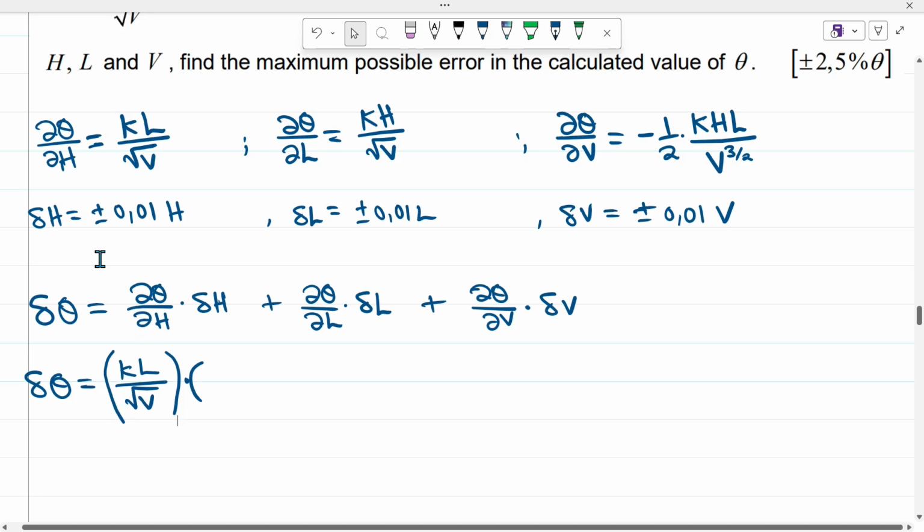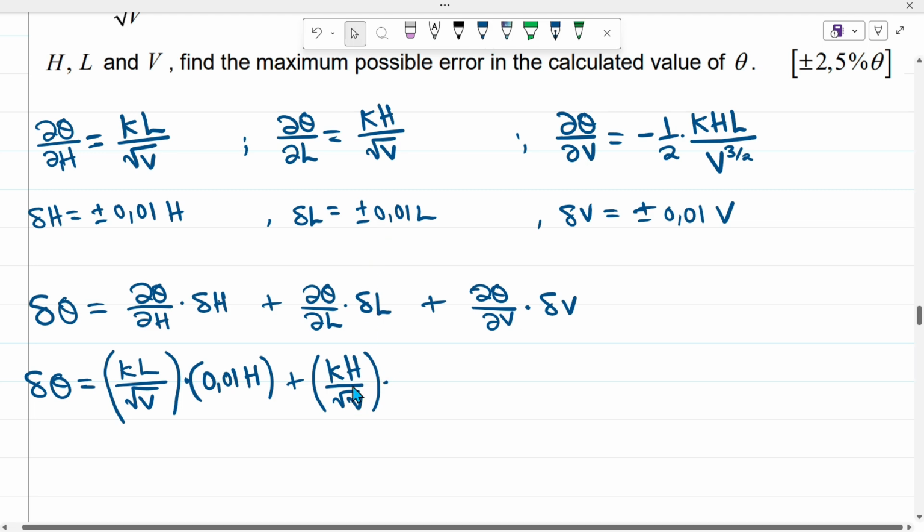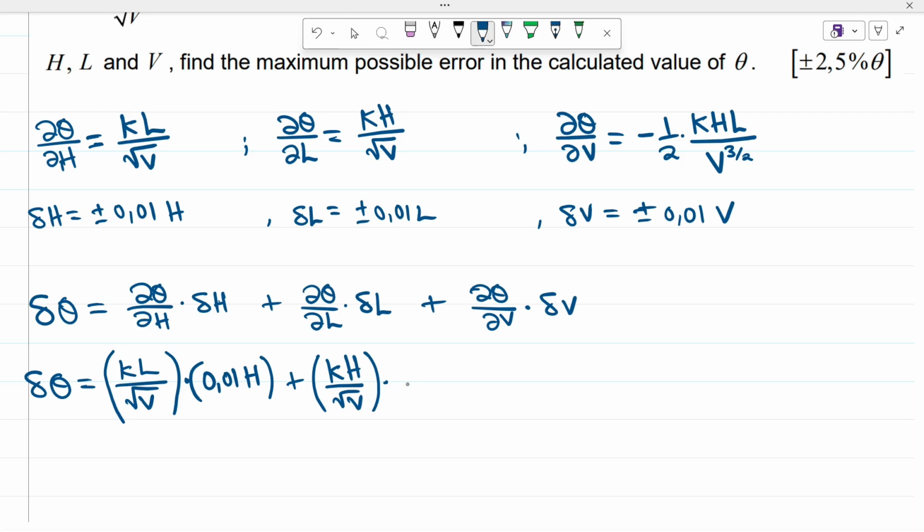This one is already positive, so we must take 0.01 h as positive. Then we say plus, we substitute the other one, kh divided by root of v, multiplied by the percentage change. Since this one is positive, we must substitute the percentage change as positive, so that when we multiply those two we get a positive answer.